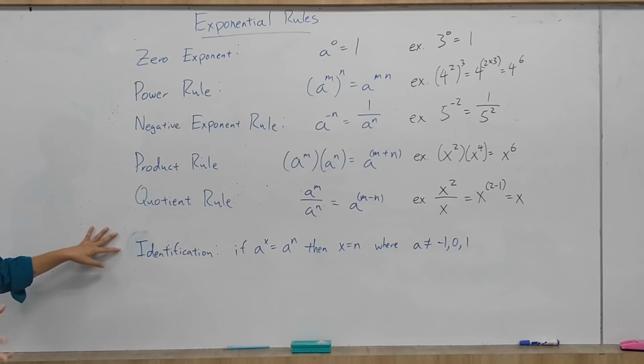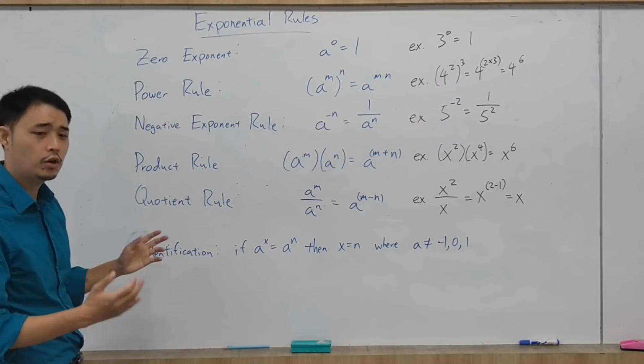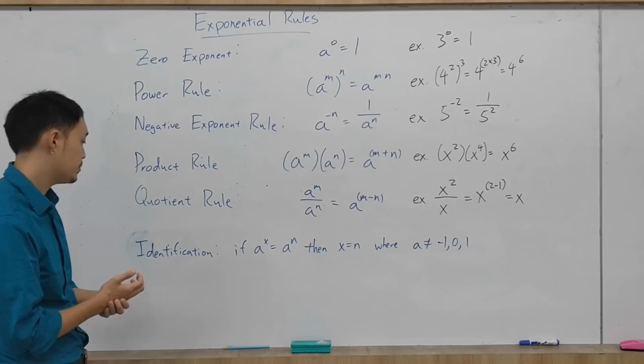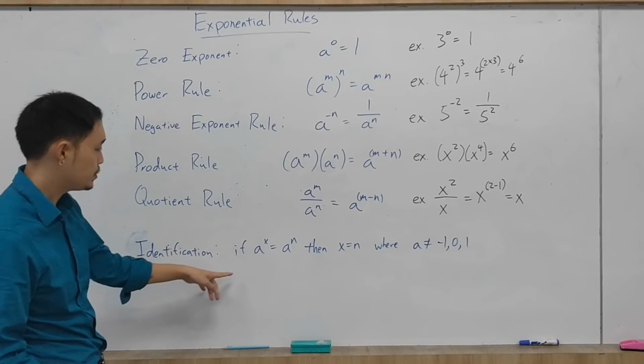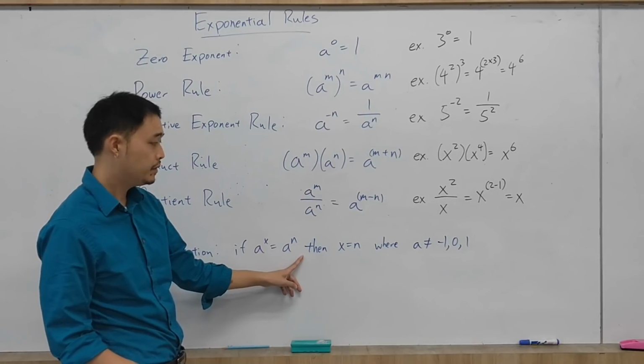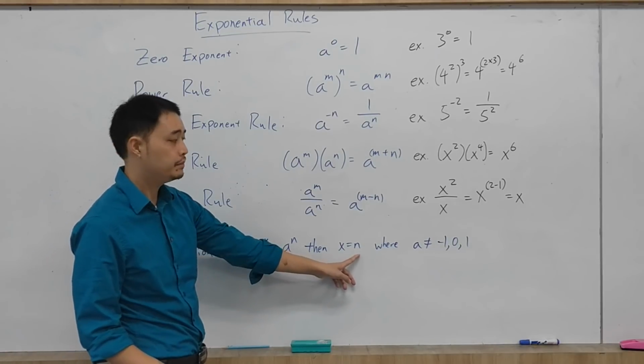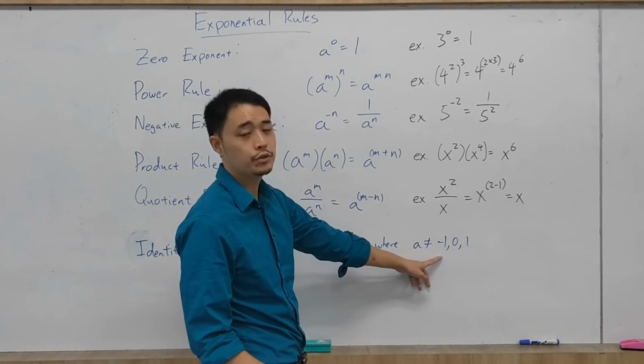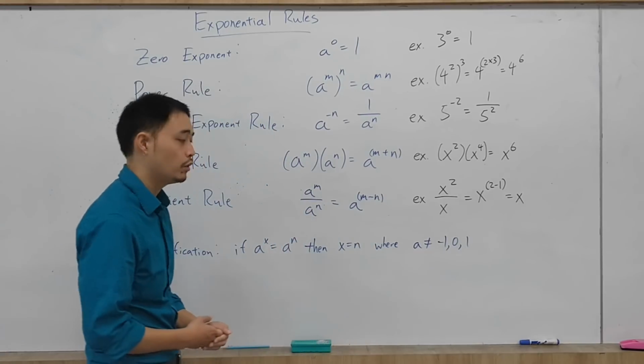Last one is just sort of an identification identity, which is a callback to our last lessons in polynomials. Identification. So if we have a to the power x equals a to the power n, then x should equal n, where a is not equal to negative 1, 0, or 1.